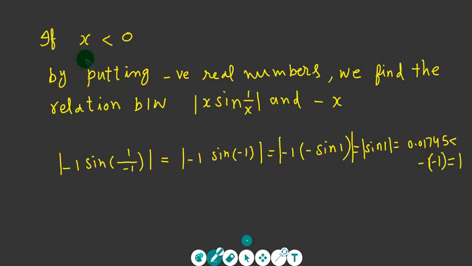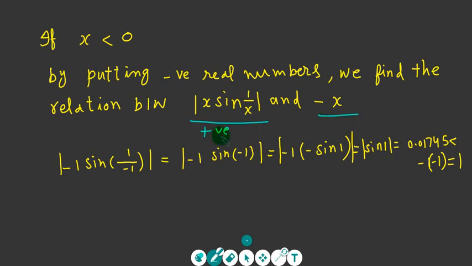Now we check the behavior for negative real numbers. We put some negative real numbers, and we find the relationship between this and this. The answer of an absolute value is always positive. So we want to find the relationship between two quantities of the same type.